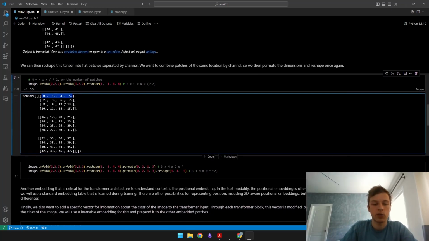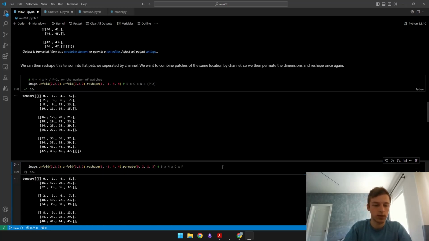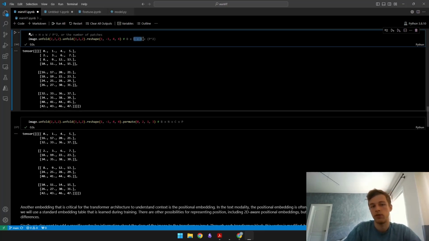So now that we have this vector, we want to permute the dimensions of this tensor such that we have the different patches in the same location from the different channels together. And the way we do that, we permute, and we'll ignore this line for now. We can see here that now we've put these together, and the way to do that is we swap the 2 dimensions that are the channel dimension and the number of patches.